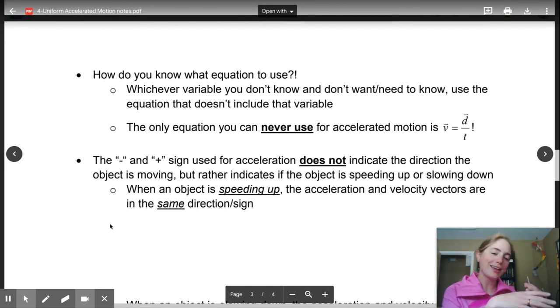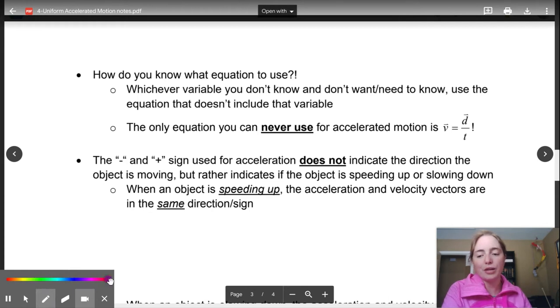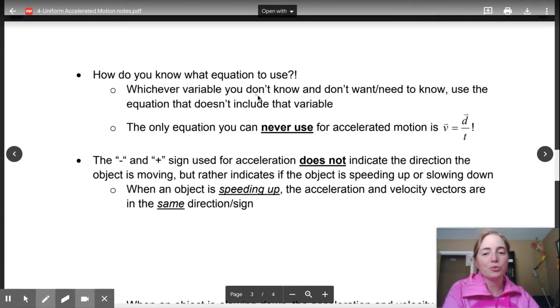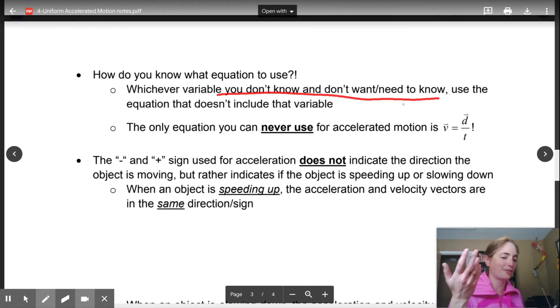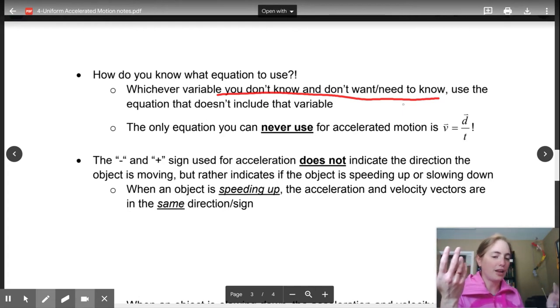Once you have that list, then you can go and look at your data sheet and then pick which ones you need, okay? By doing that, you'll also be able to see whichever variable you don't know and don't want or need to know. For example, if you're trying to find acceleration, and you've got v_f and v_i and time, you don't have displacement, well, guess what? There's one equation in there that doesn't have displacement. You can use that one.